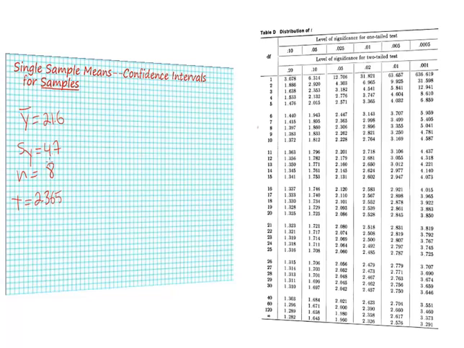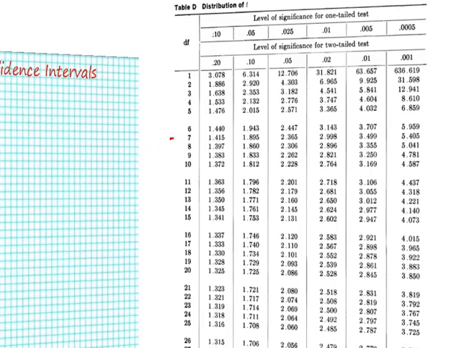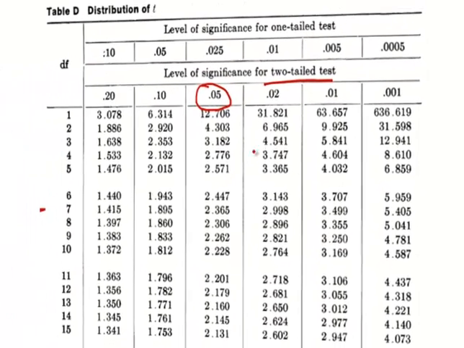So I know that I'm going to come down and read across row 7. The next step is to look at the top of the table and see whether I'm using a one-tailed or a two-tailed test. All confidence intervals are two-tailed tests. And since I'm using a 95% confidence interval, I need to come across and use this 0.05 column under the two-tailed test heading.